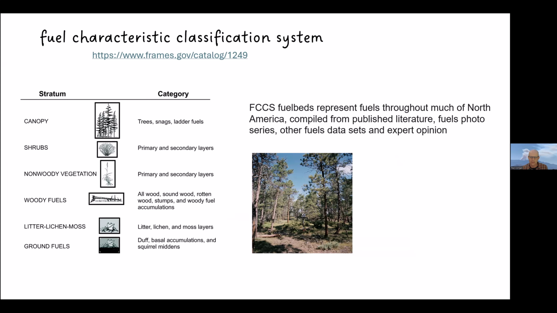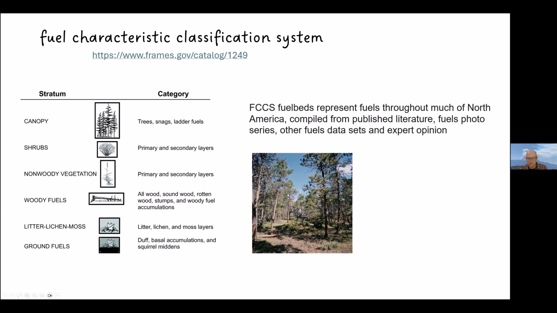FCCS is different than fire behavior fuel types. It's designed to answer questions about smoke production, also crown fire potential, and a few other things that the fire behavior fuel types aren't necessarily set up to do.